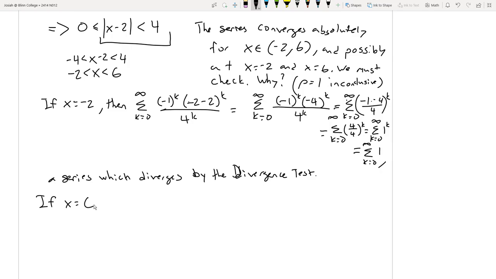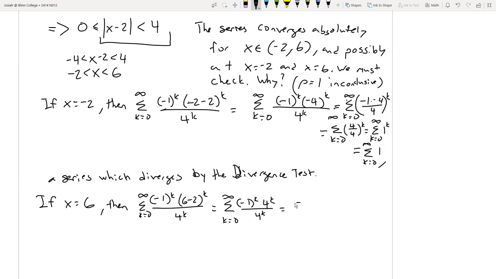If x is equal to 6, then we have the sum from k equals 0 to infinity of negative 1 to the k, 6 minus 2 to the k over 4 to the k. And so we go ahead and simplify a little bit. Negative 1 to the k, 4 to the k over 4 to the k, which is equal to, well, it looks like we get negative 1 to the k. And this diverges also. Again, we could talk about it by the divergence test, right?